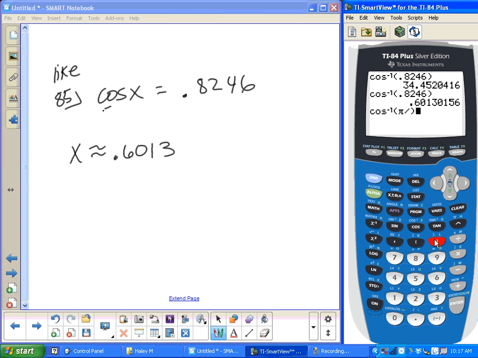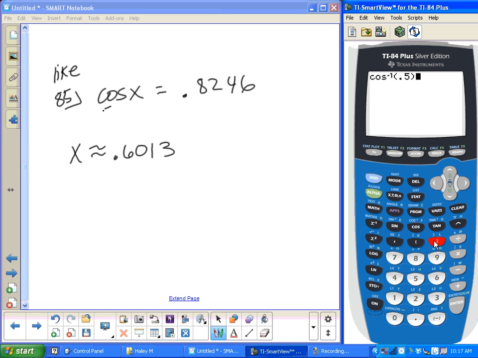So if I do inverse cosine of a half, hang on, I did it wrong. All right, back up. Here we go. Inverse cosine of a half.